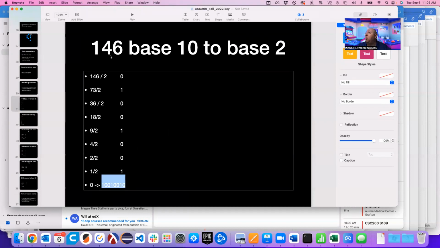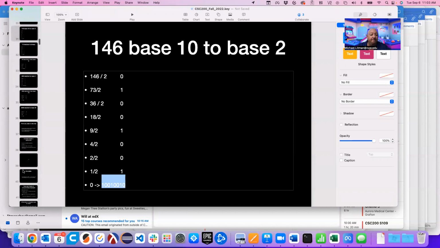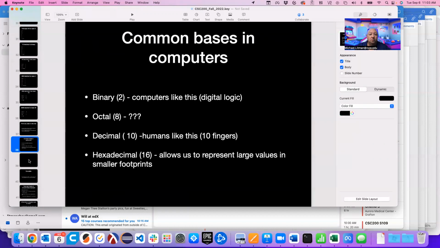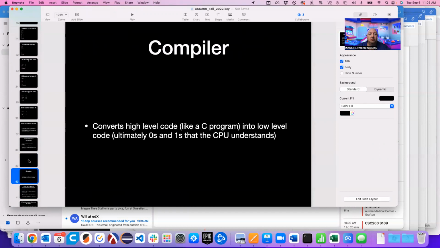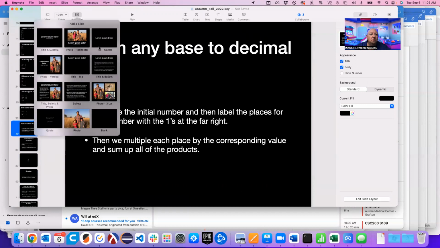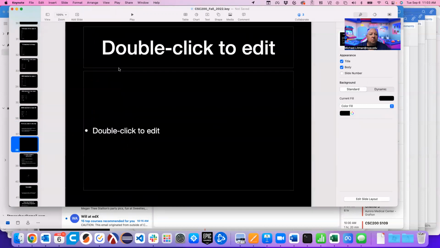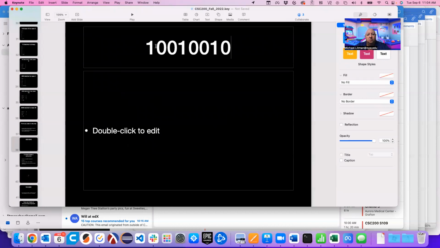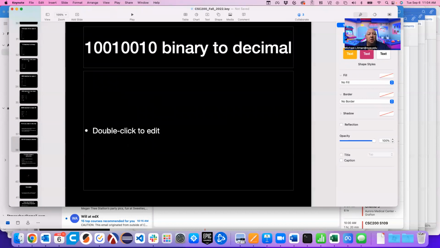This should go back to 146 if we convert it back to decimal correctly. So I'll start off by writing that number, and I'm going to have to spread it out some.